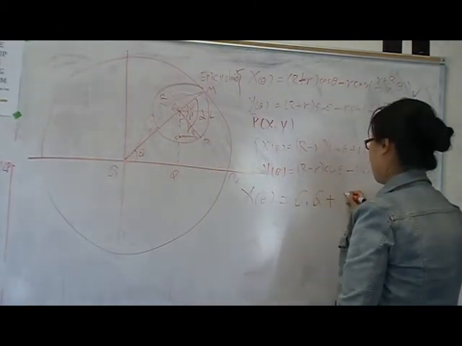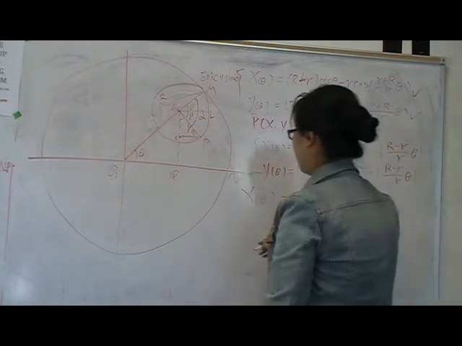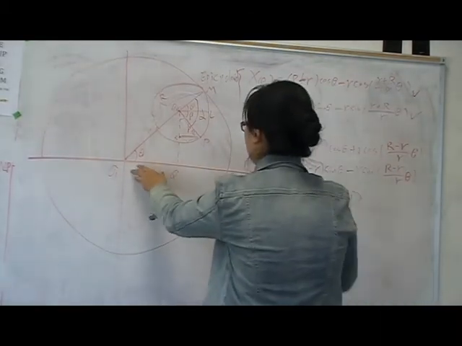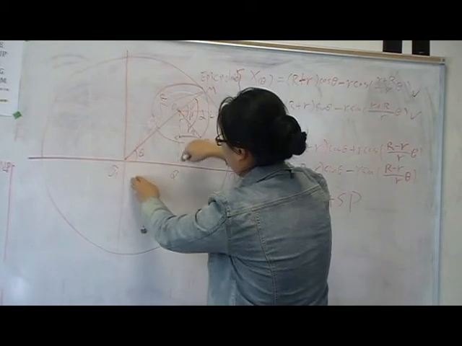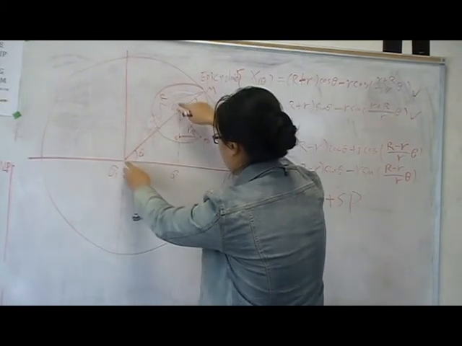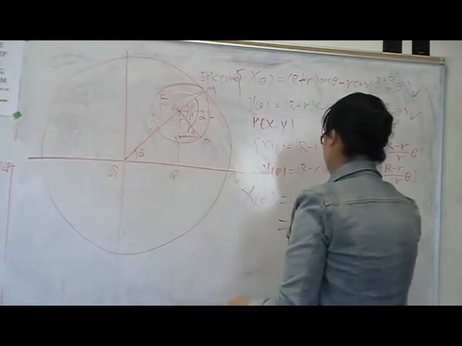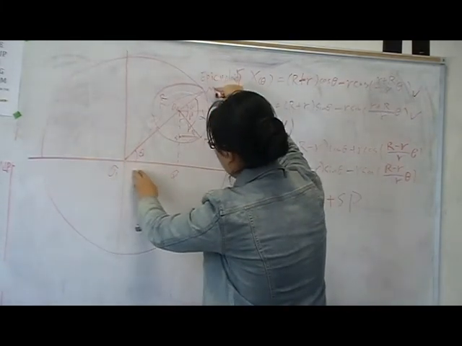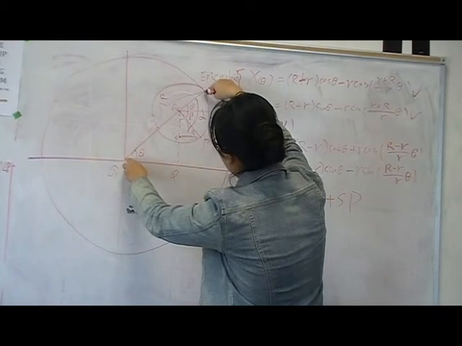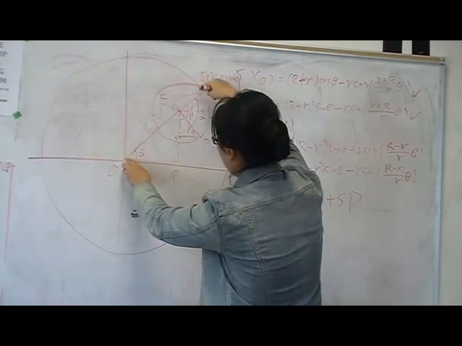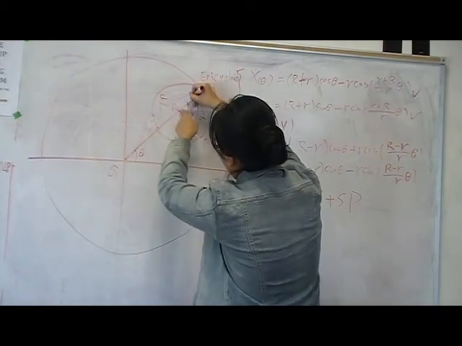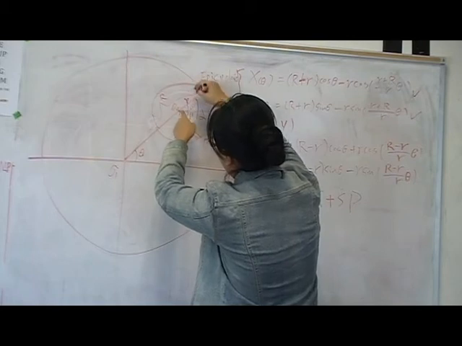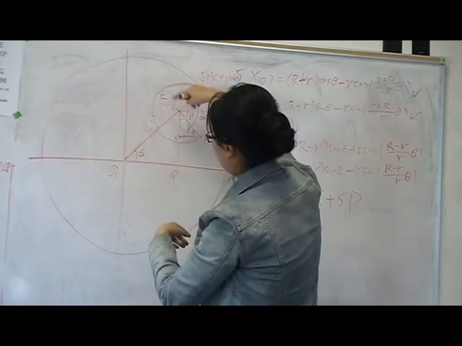And O1Q here is in this triangle, O1, O2, Q. Let me explain, this line is big R, and this small line here is small r, the radius of the small circle.